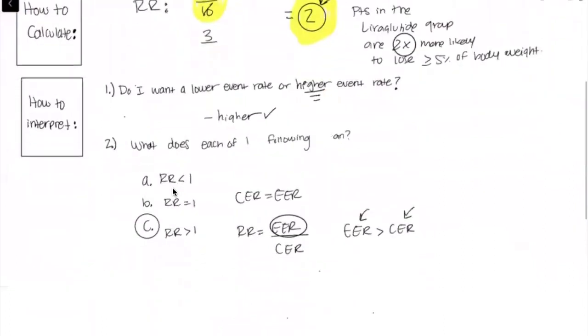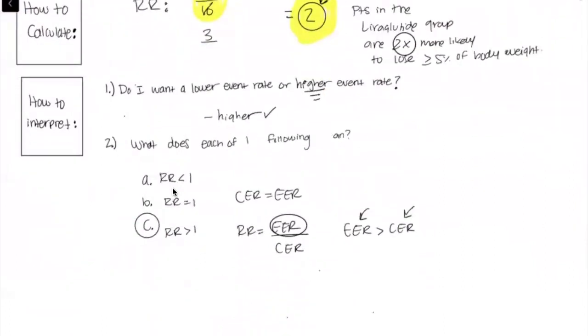That would mean that your control event rate is equal to your experimental event rate, and there is the same proportion of patients in the experimental group and the comparison group, the control group, that are experiencing the event of interest. This is what we call our point of no difference.